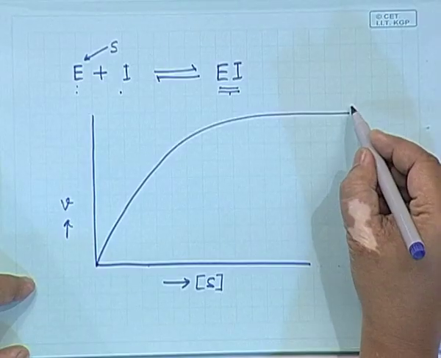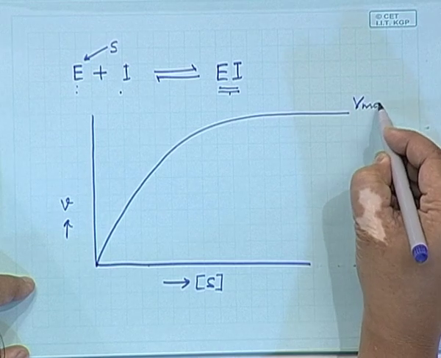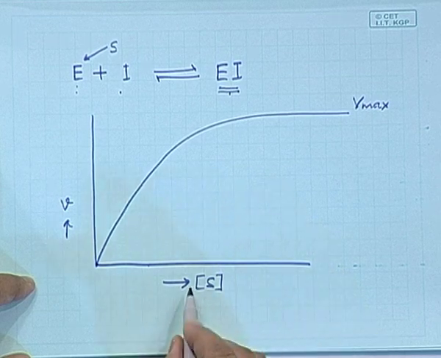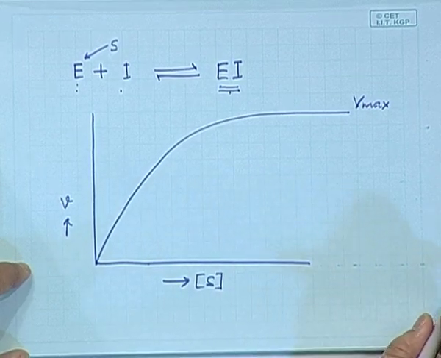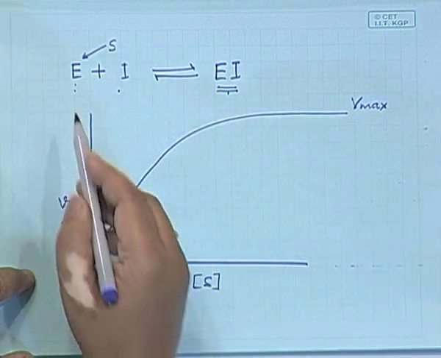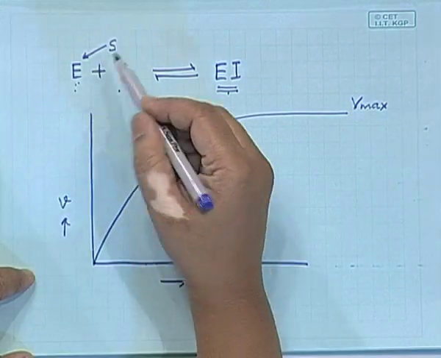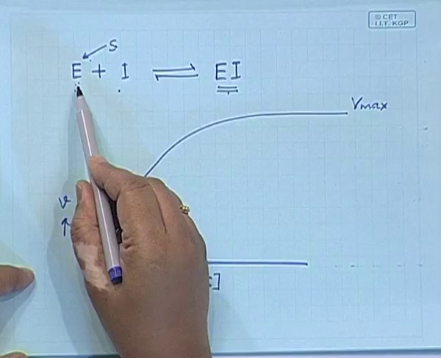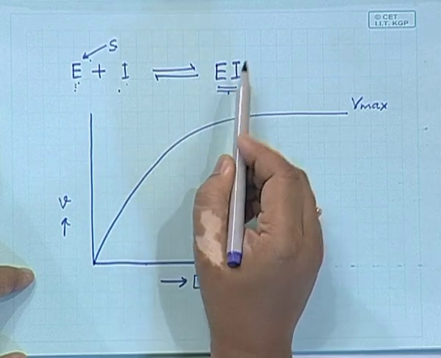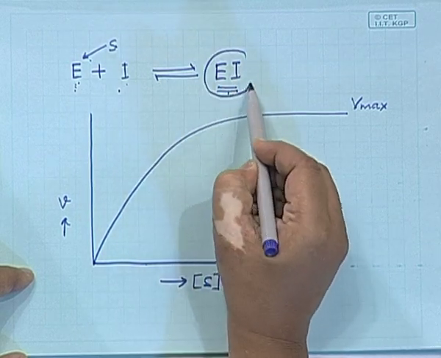So, this is my Vmax. If I increase the substrate concentration to a large enough value, my enzyme substrate complex can then form. Why? Because my enzyme inhibitor complex actually has an equilibrium. This is a loose association.